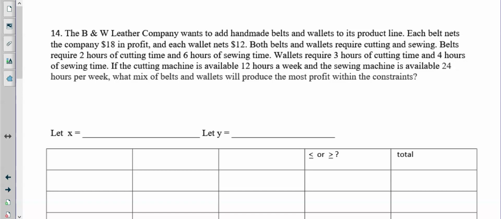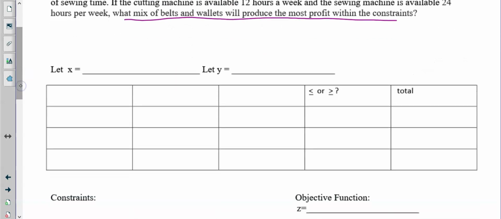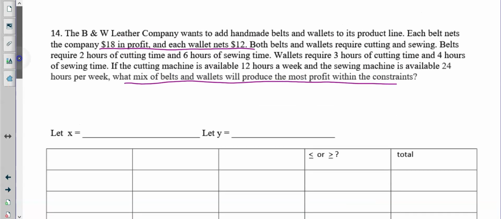Okay, working backwards. What mixture of belts and wallets will make the most profit? So we're looking up here for profit, and the word is right there. So that's 18x, 12y. Okay, well that tells me that I'm making x my belt, because it says belt is 18.